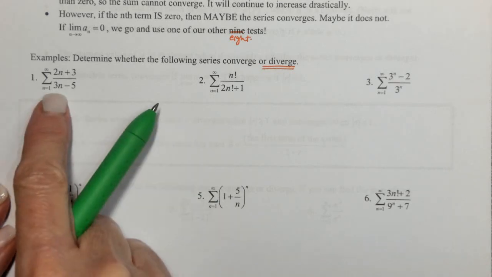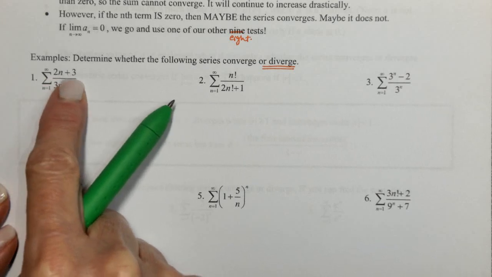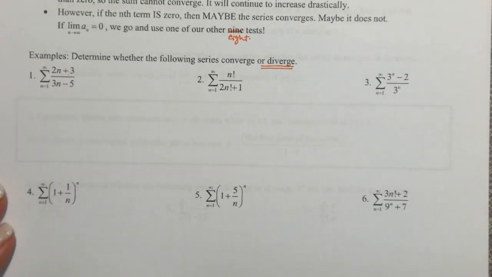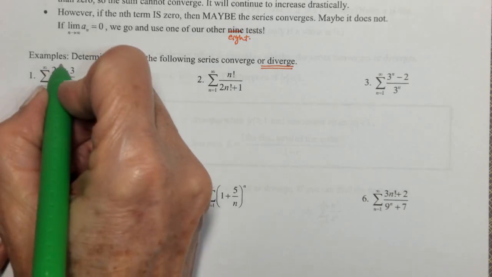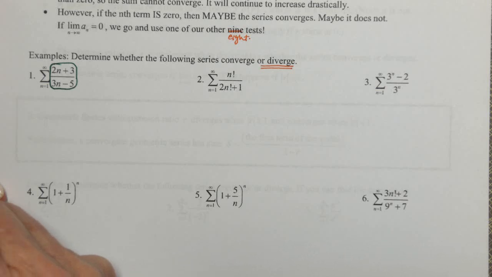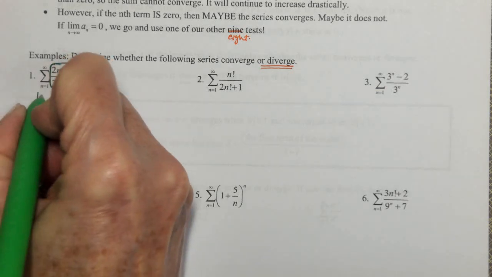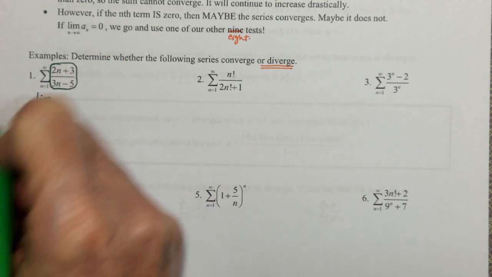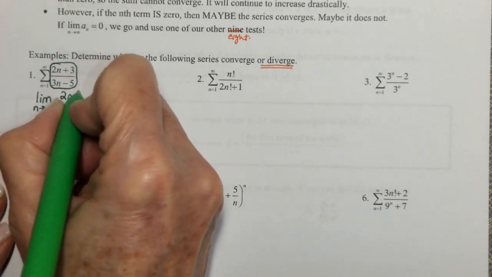When we're given a series, does it converge or diverge? The first thing you always want to do is check out the expression here. This is your a sub n expression. And we want to know, does the limit as n goes to infinity of a sub n go to 0?